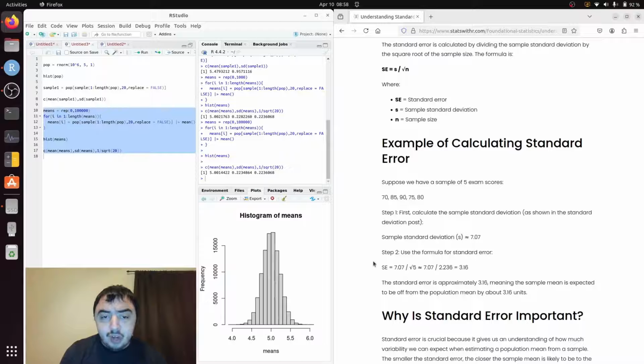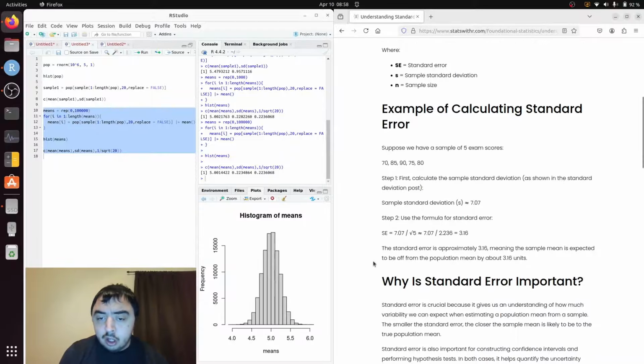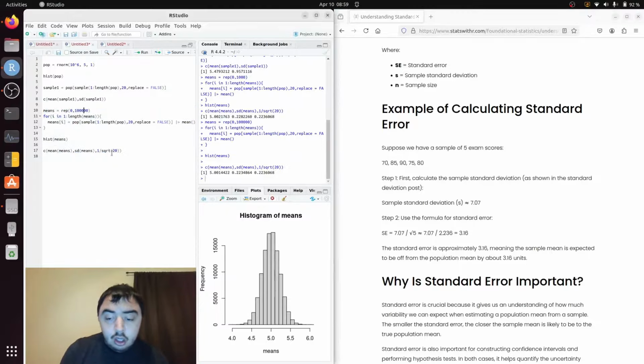Okay, and my calculation finished running, so we'll talk about that in a second. The number of means did not affect the outcome, although the standard deviation of those means did get closer to the theoretical 0.223. My point being that what determines the standard error isn't the number of means, because in real life, you're only calculating one mean.